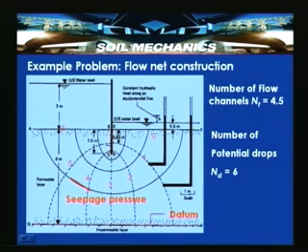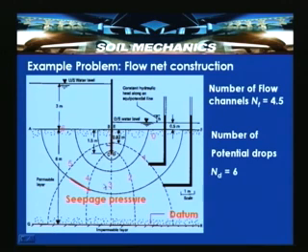Then EF is again an equipotential line, and BCDE is the first flow line. This is the second flow line drawn here, then the third and fourth flow lines, and the fifth flow line is along the impermeable barrier.